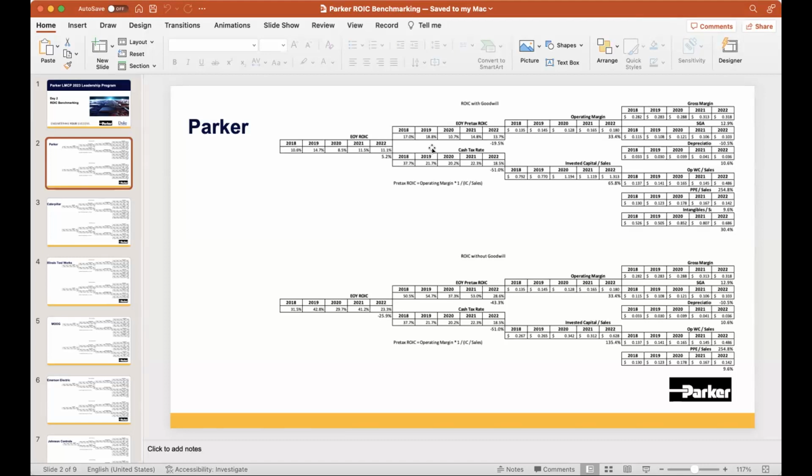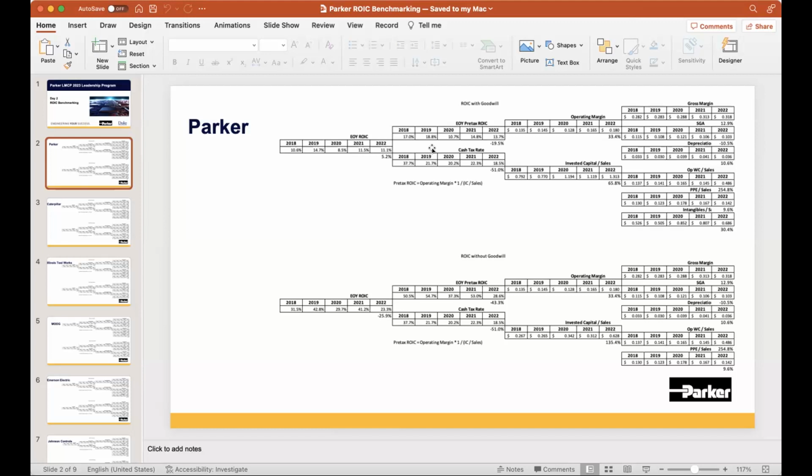If we move into their invested capital over sales, this increased, and we can look at the operating working capital increasing exponentially by 254.8%. Their property, plant, and equipment over sales increased by 9.6%, and their intangibles to sales increased by 30.4%.